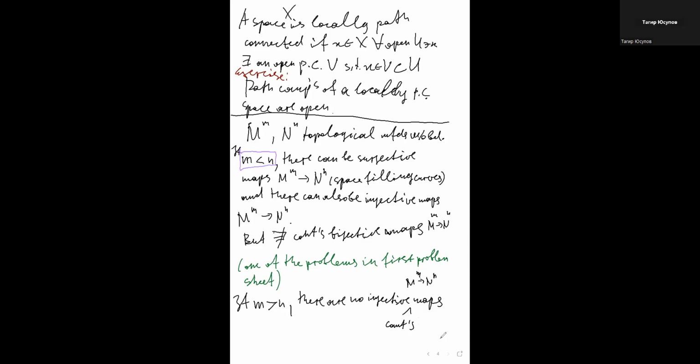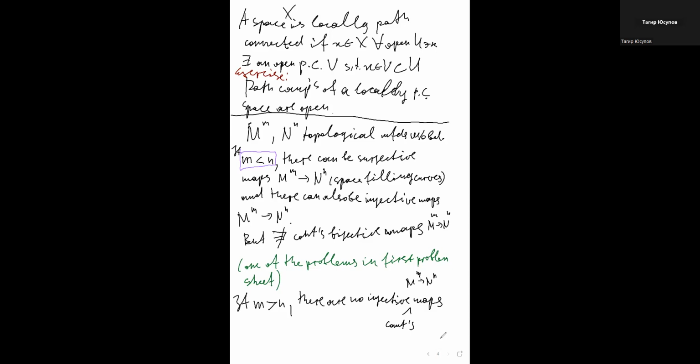If we have an injective continuous map from a high dimensional manifold to a lower dimensional manifold, then where can we find a contradiction to give?